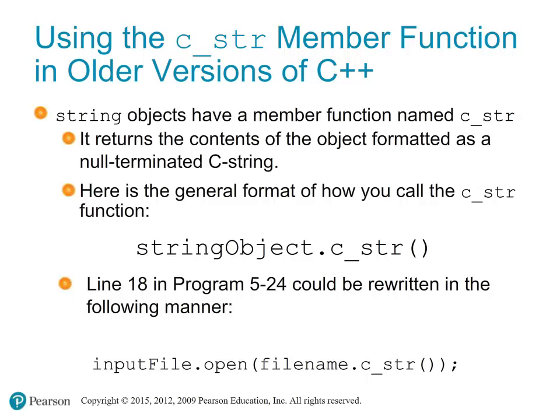To use the c_str function, you call it on a string object like stringobject.c_str(), then parentheses. For example, if you have a string object named filename, you can convert it to a C string using filename.c_str(). This is useful when you're using an older version of C++ where the open function expects a C string.